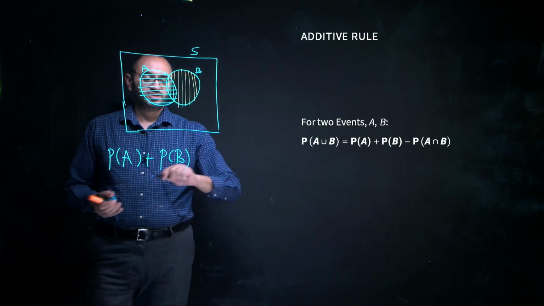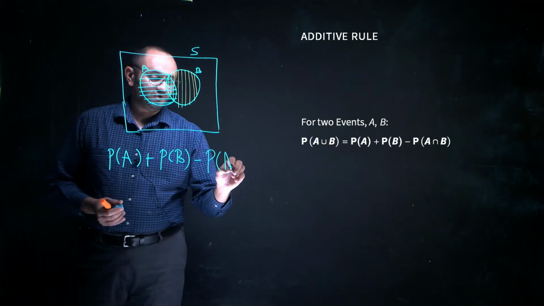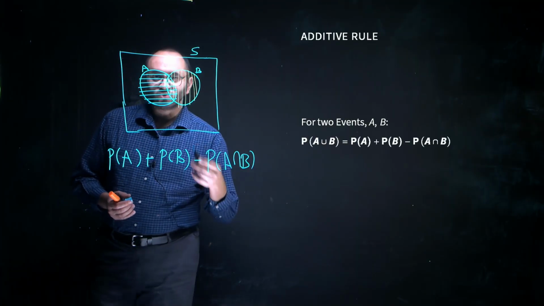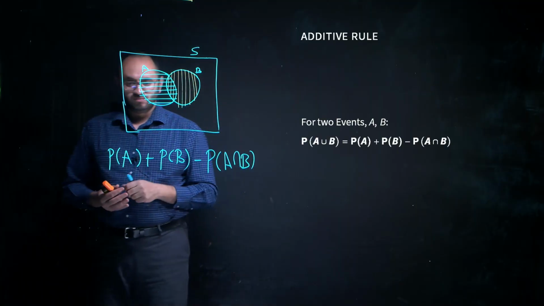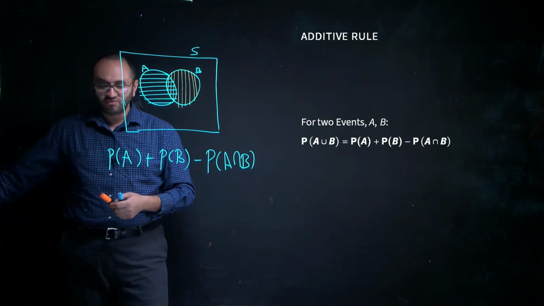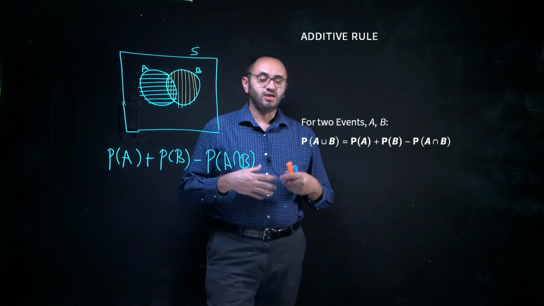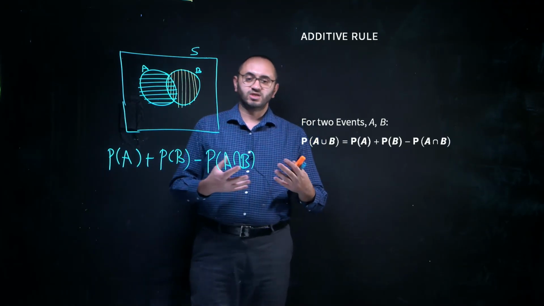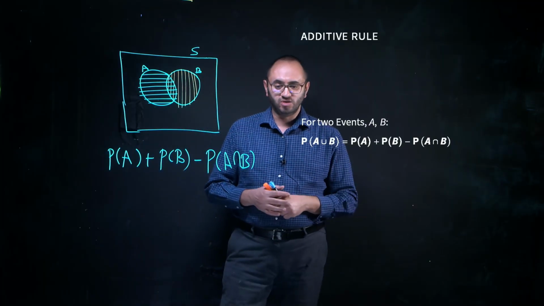So this is why we have to subtract probability of A intersection B. So in this case, we count the overlap one time. All right, so this is the general formula. Probability A union B in general equals probability of A plus probability of B minus probability of A intersection B.